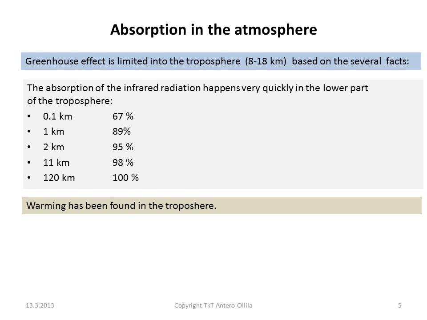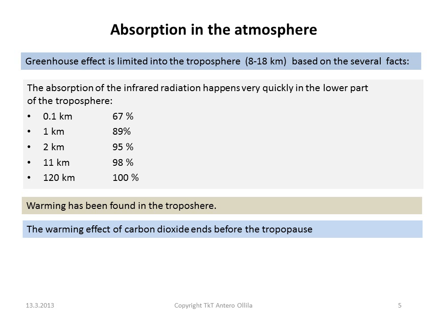And in fact, the warming has been found in the troposphere, which has an effect on the surface temperature. And one reason is that carbon dioxide has been considered one of the major reasons for warming, and this effect ends at the tropopause.